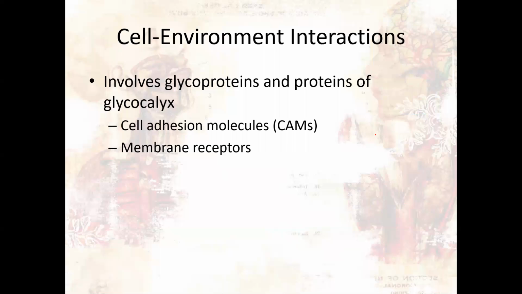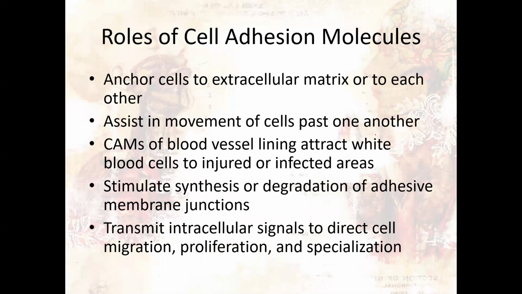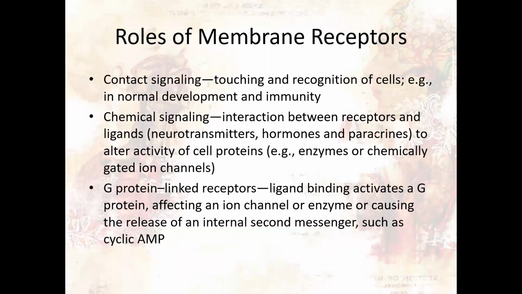Now, cells obviously interact with stuff outside the cells. We've got this glycocalyx, these carbohydrates attached to proteins and receptors, cell adhesion molecules where cells are stuck to each other, membrane receptors we're going to spend a lot of time with, especially in terms of chemical signaling where we have a ligand and a receptor.